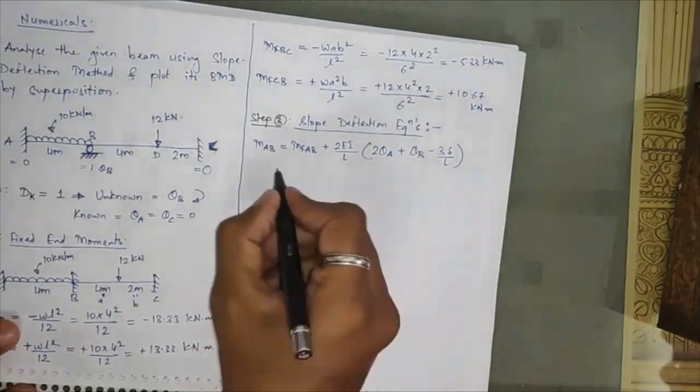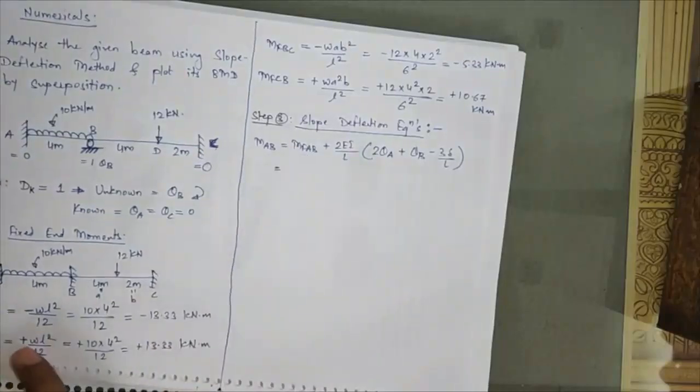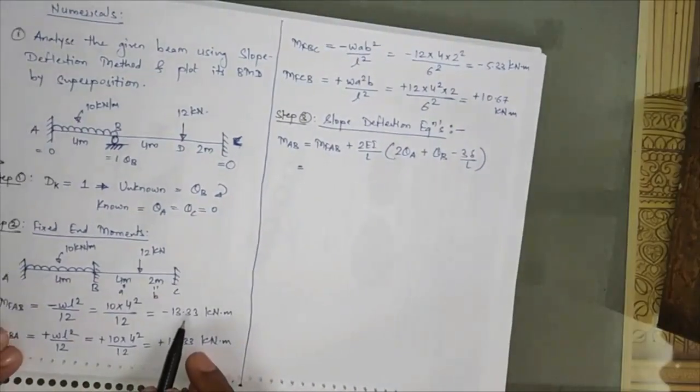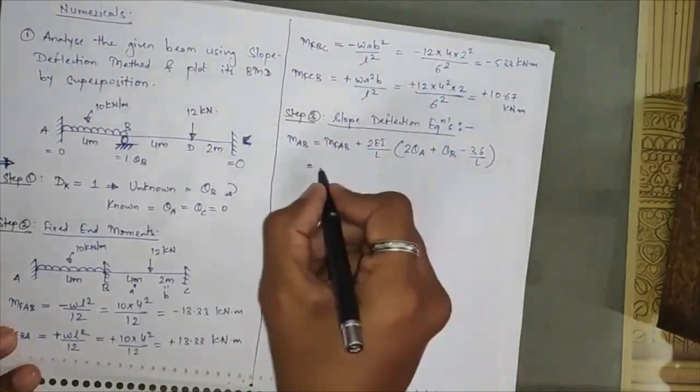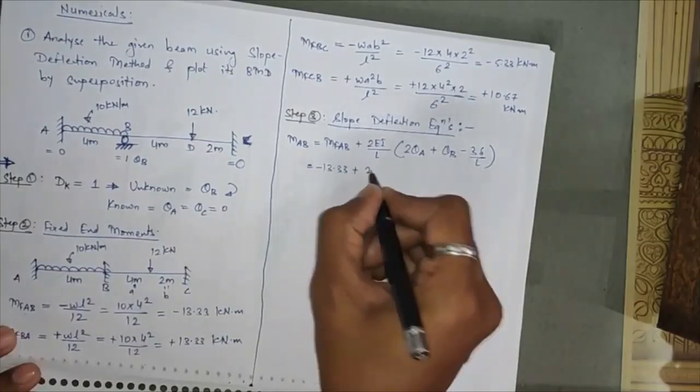Okay, so we'll substitute the values. Now MFAB that we have calculated is equal to minus 13.33 plus 2 times EI.